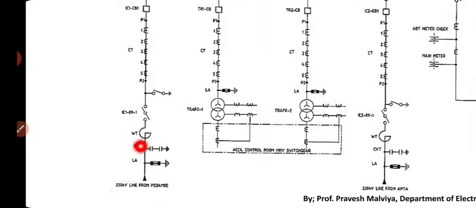Wave trap helps in PLCC. What is PLCC? Power line carrier communication. It means that from one substation to another substation, communication is made possible with the help of these lines too, PLCC, and then it is fed to an isolator. So this is an isolator, and this is the earth switch.